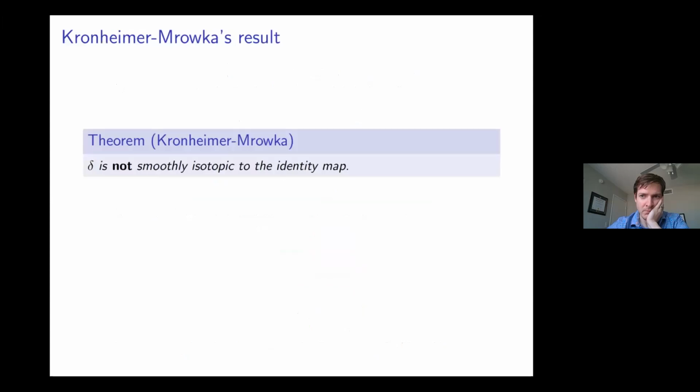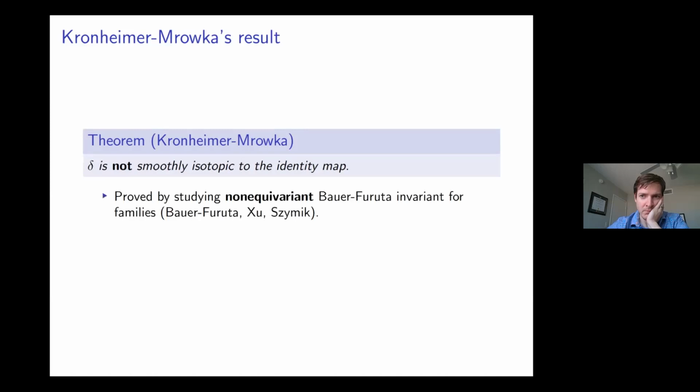Let me give the statement of Peter and Tom's recent result. The result states that this Dehn twist is not smoothly isotopic to the identity map. This result was proved by studying the non-equivariant Bauer-Furuta invariant for families.